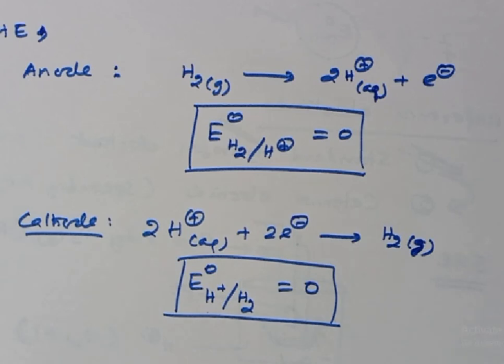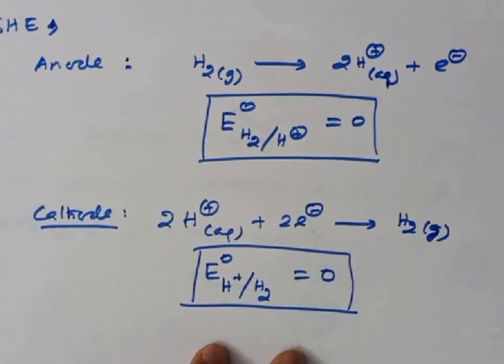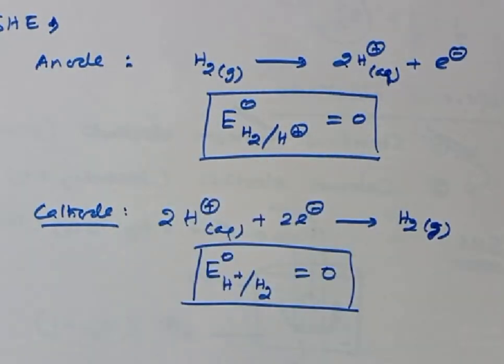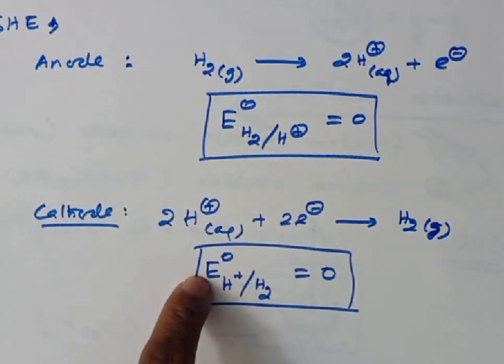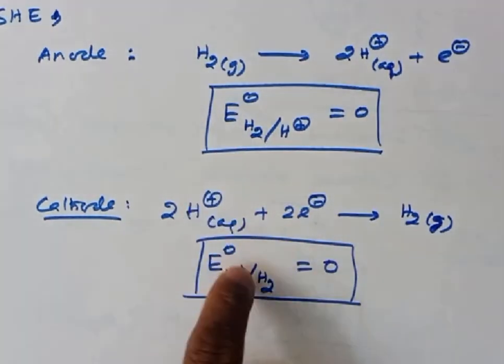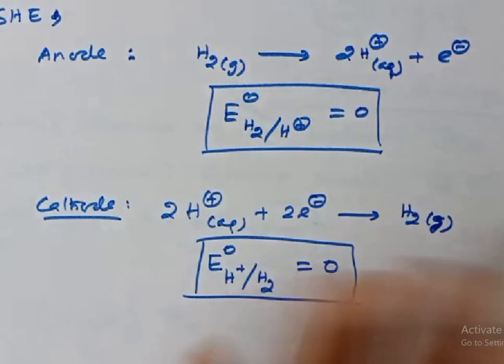Using the hydrogen electrode, we can calculate the standard reduction potential for other electrodes. That is very easy. We'll do that in the next class. Remember students, this is a very important point. Whether you use the hydrogen electrode as anode or cathode, the standard potential of the electrode is arbitrarily chosen as 0. Take down.